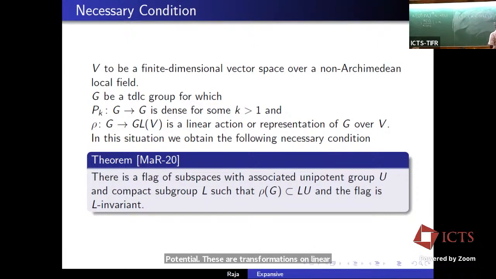They are also invertible, that we will see, such that alpha is identity on the successive quotients, or maybe x plus V_{k-1} is x plus V_{k-1}. That is, if you look at the successive quotients V_k by V_{k-1} for all possible k.